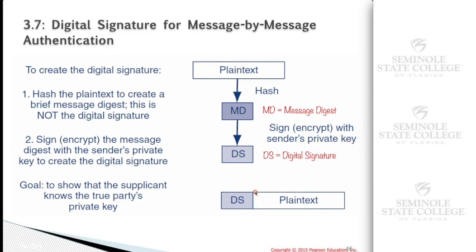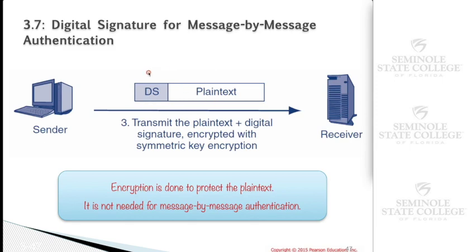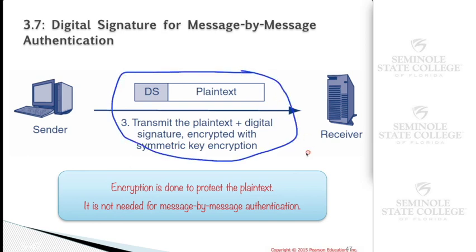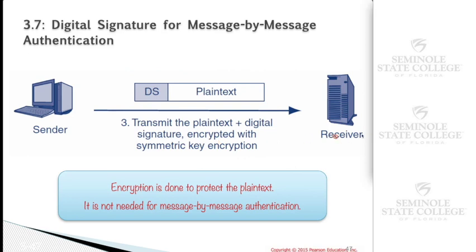All right, and then you send the DS, which is the digital signature, and the plain text over. You take your digital signature and your plain text and you transmit that over to where you want to send. When you're doing that, you would actually be using encryption, which is part of your message sending mechanism. So you're doing a symmetric key encryption to send the message over.